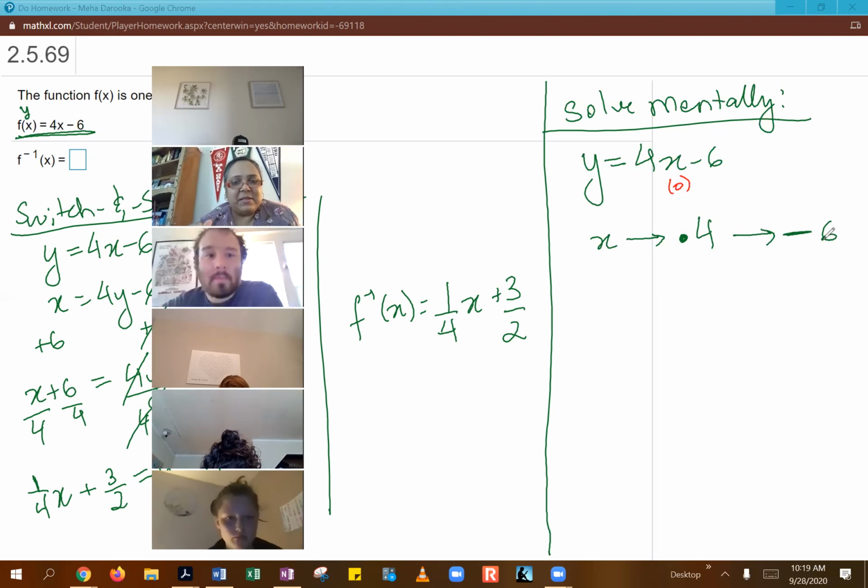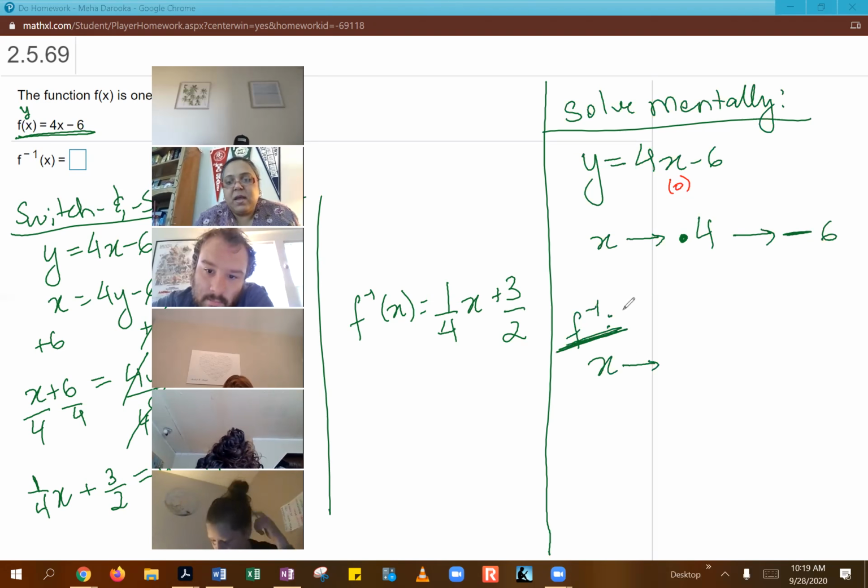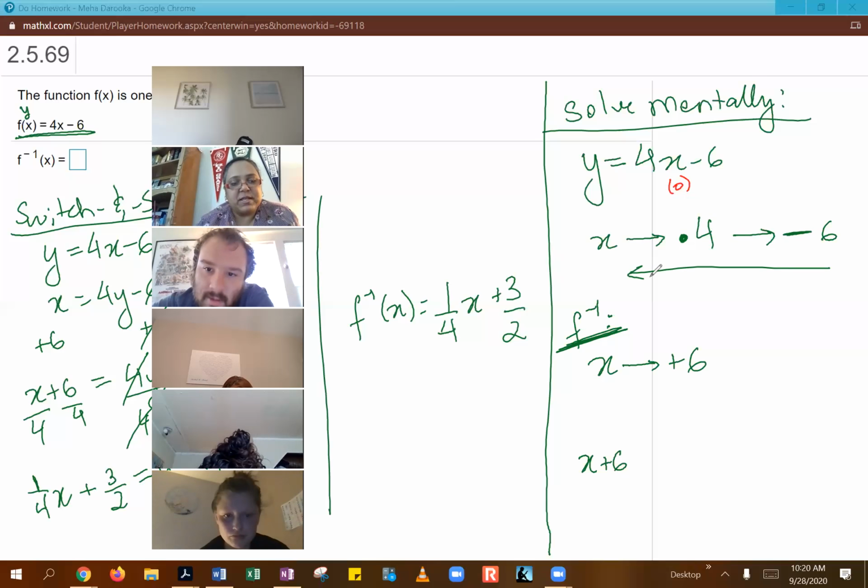So the way the mental process works, guys, we're still going to be using x as our variable, but since you subtracted 6 last, with the inverse function you are actually going to add 6 first, which means we are going to do x plus 6 first. So we always go in the opposite direction, and you reverse the calculation.